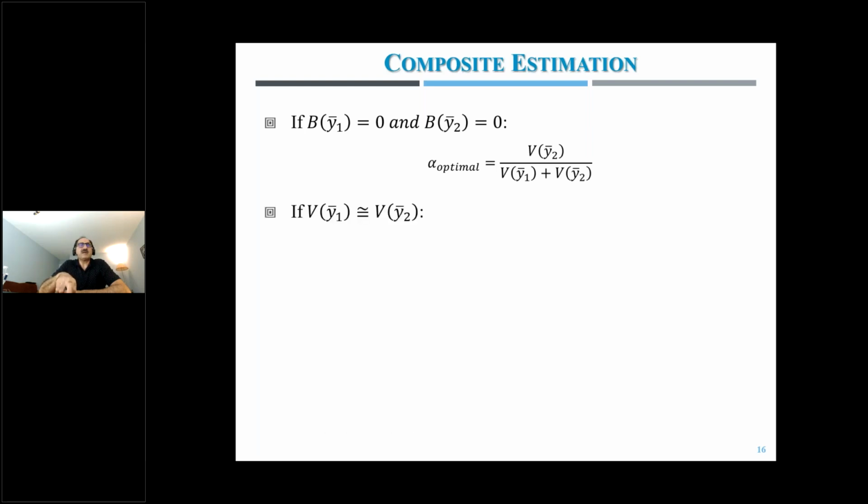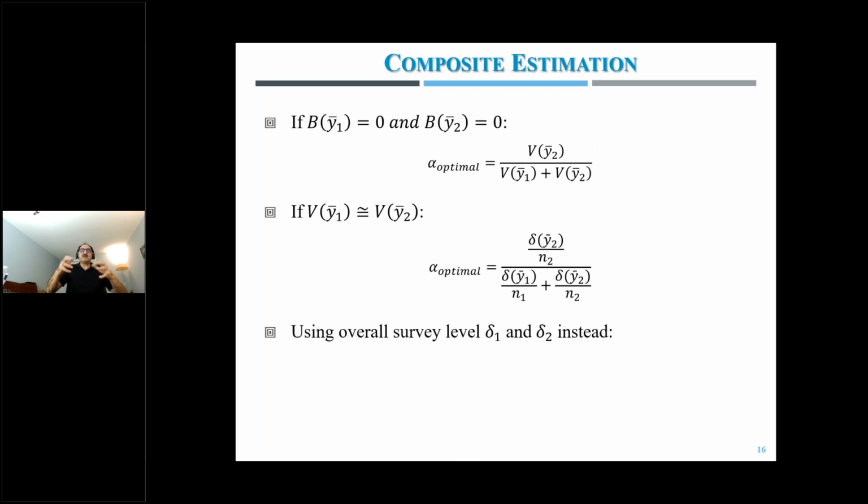And if we can make a little bit of extra assumption that the variability of these estimates coming from the two samples are not hugely different, then this composition factor becomes simply a function of what we refer to as unequal weighting effect, or some people refer to it as design effect, and sample sizes.